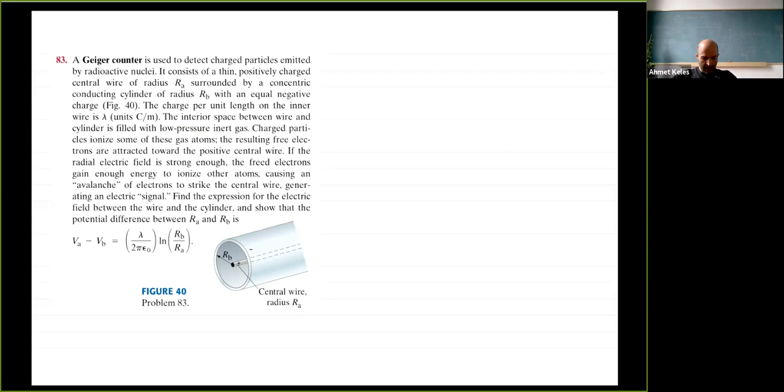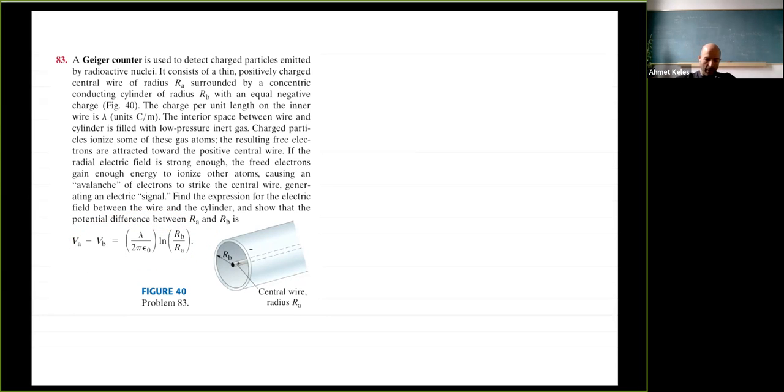Charged particles ionize some of these gas atoms. The resulting free electrons are ejected towards the positive central wire. If the radial electric field is strong enough, the freed electrons gain enough energy to ionize other atoms, causing an avalanche of electrons to strike the central wire, generating an electric signal. Find an expression for the electric field between the wire and the cylinder and show that the potential difference between RA and RB is given by this.